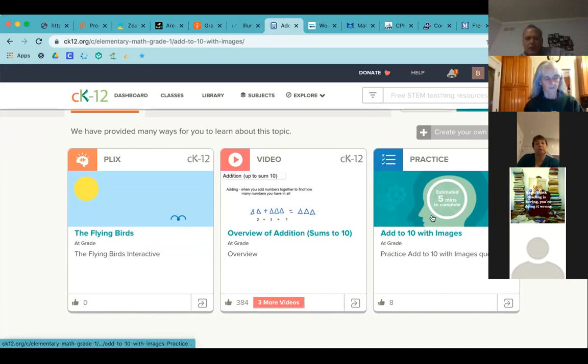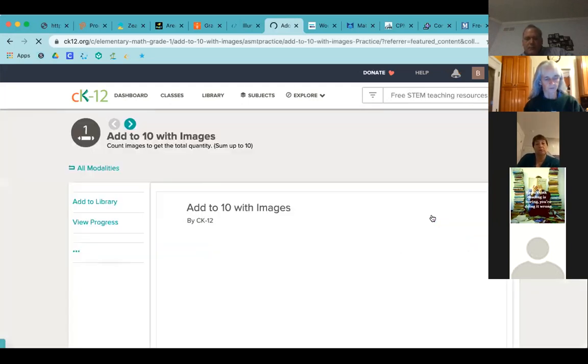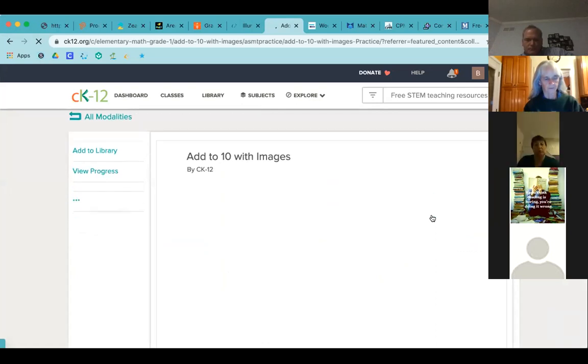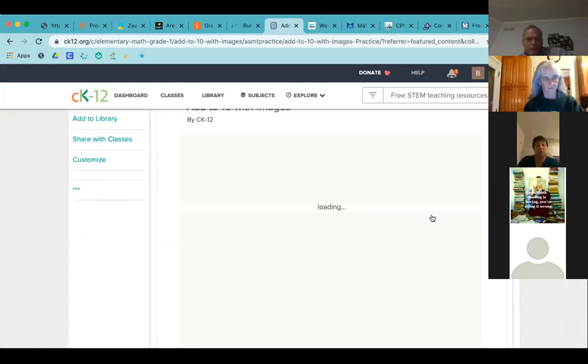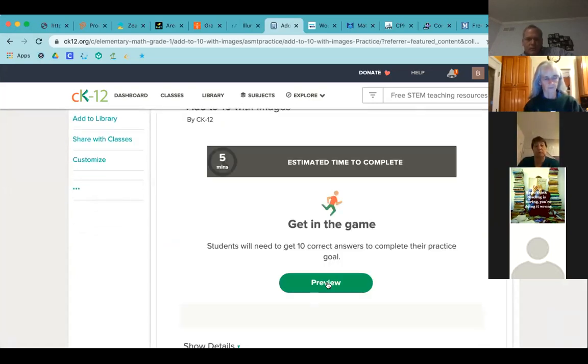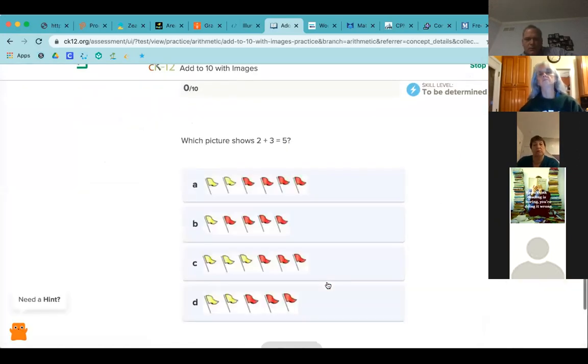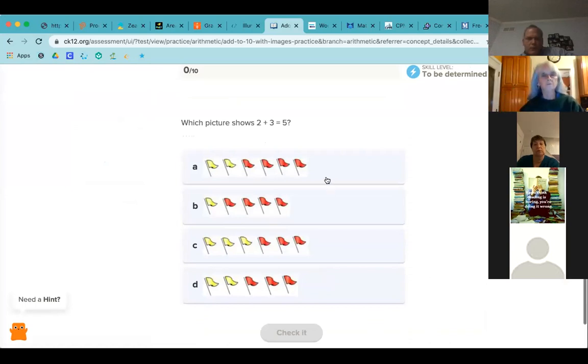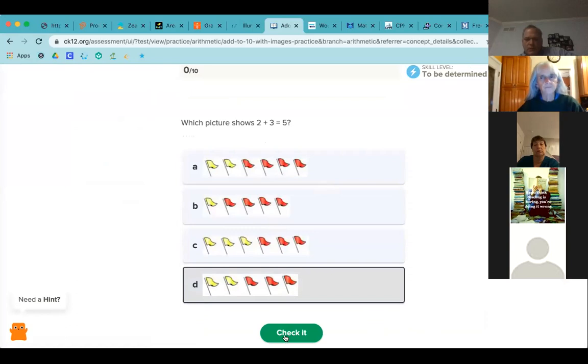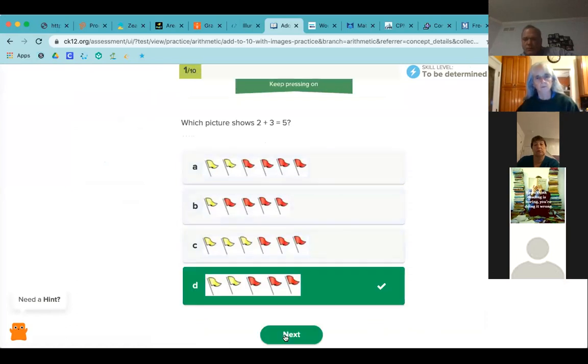And then it gives them practice problems as well. If they're going through the actual lesson itself, it also has interactives built into the lessons that the student can use to practice with.